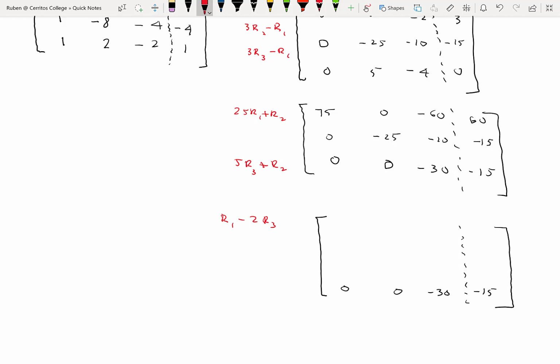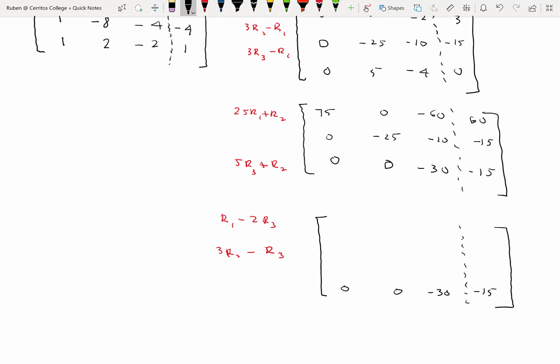I'm going to take 3 row 2s. And that will give me, in the position of that negative 10, negative 30. Then I'm going to subtract row 3. Let's do these operations.